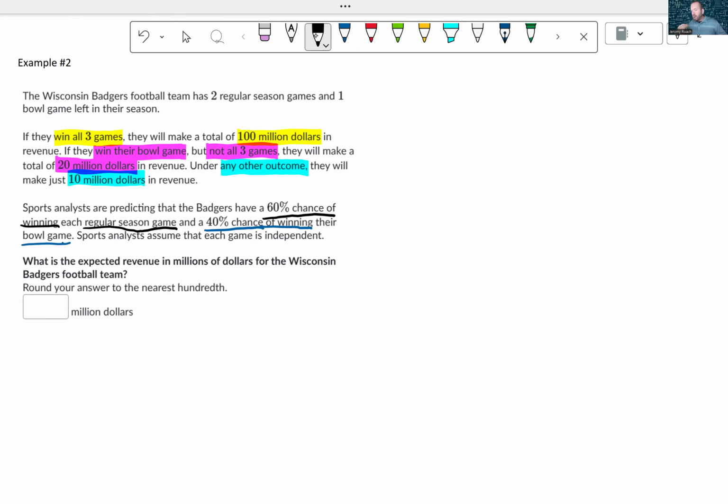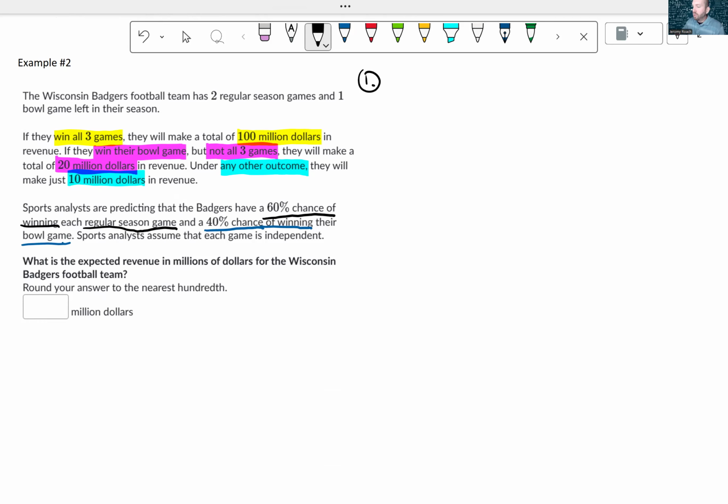Okay, so we have our probabilities for some of this. So we have the probability of the type of game, but now we also have to find the probability of winning all three, winning a bowl game but not all three, and then it's just anything else that could happen. So let's start by listing out our outcomes, and we'll find the probability of each outcome.